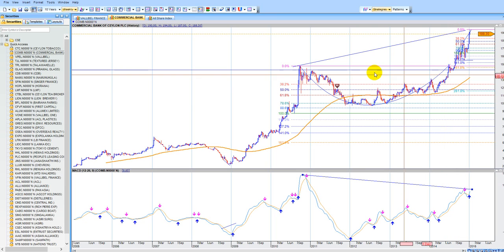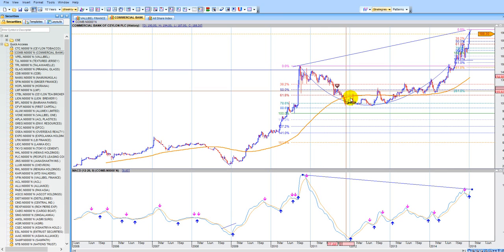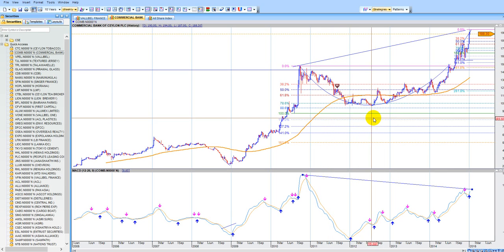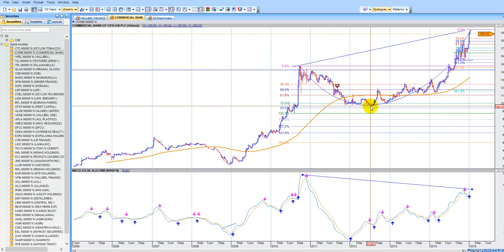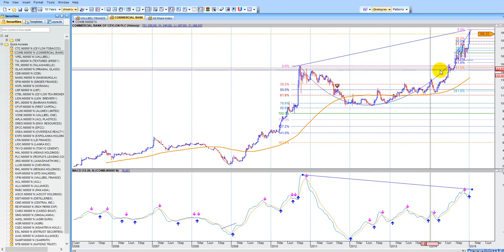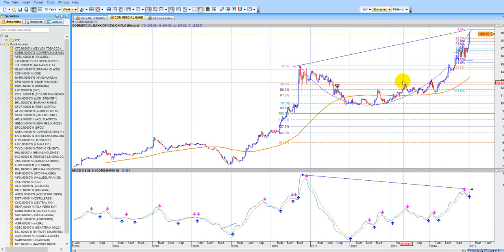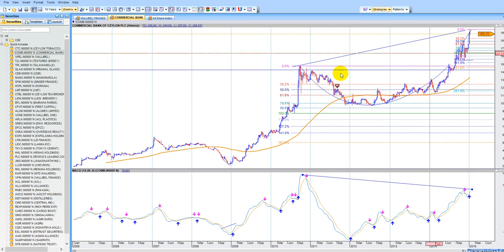Now, keeping aside the divergence factor, if you're looking, there is a divergence slide here, and you will see here, and then the price started moving up from a consolidation phase towards where it stands now.